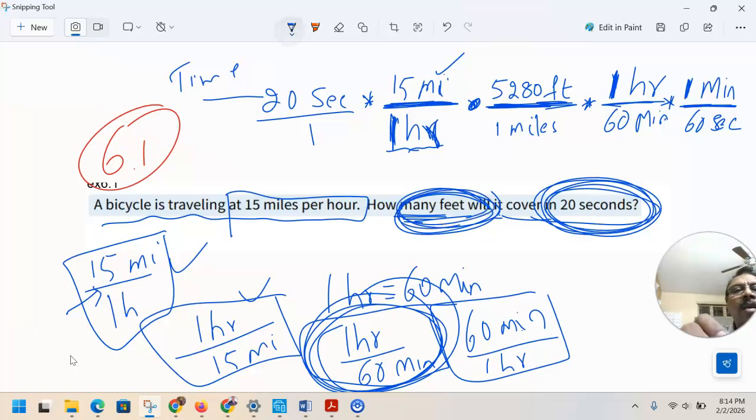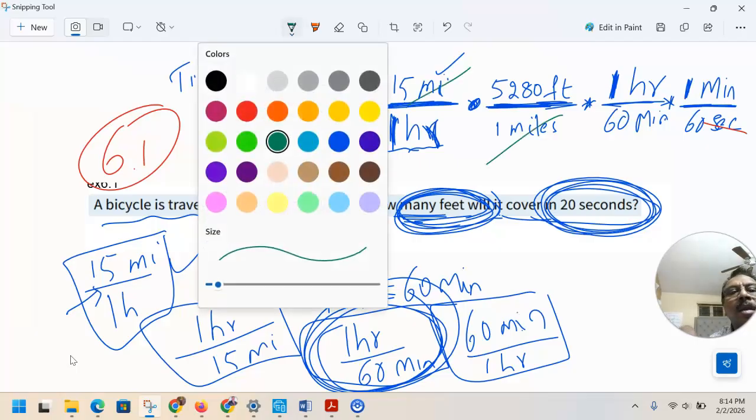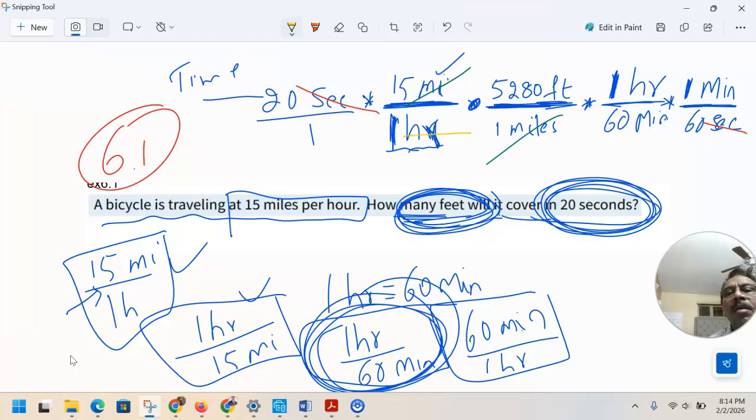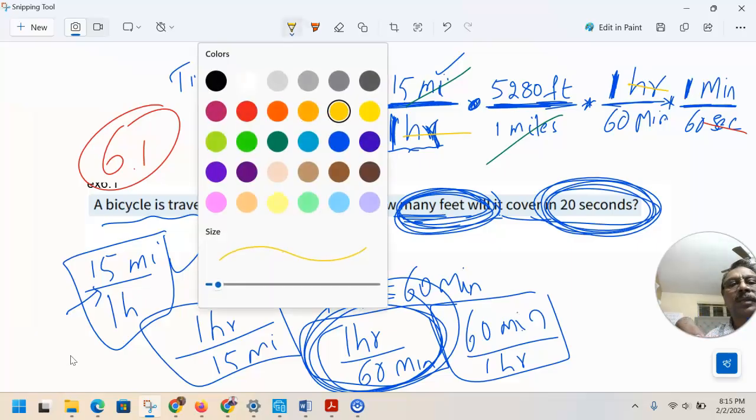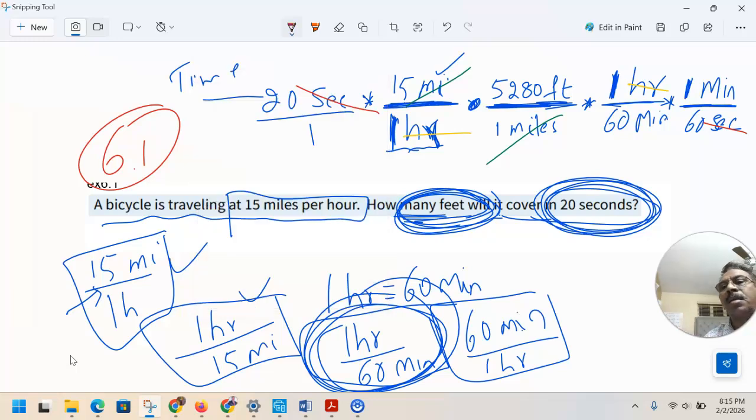So what's going on is this second crosses out. I'm using different colors to show this mile and this mile cross out. Then in yellow, this hour and this hour cross out. And this minute and this minute cross out.